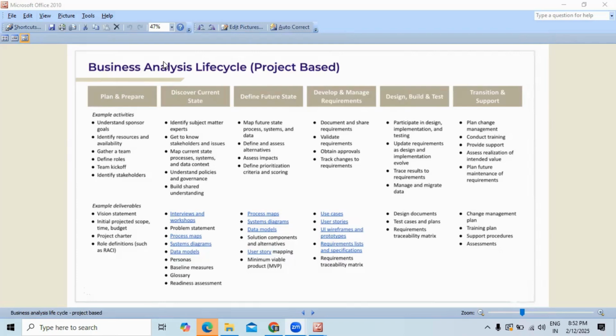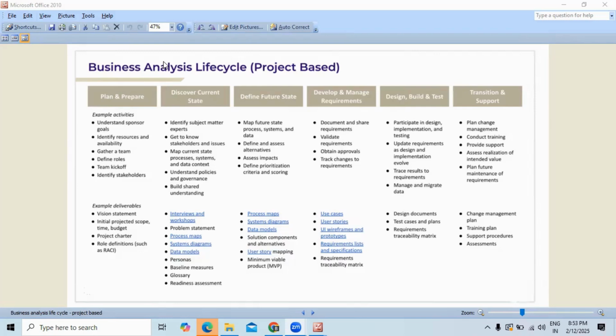Now, external stakeholders are the business owner, project sponsor, subject matter experts. All these people come under external stakeholders. So identifying the stakeholders is one of the key and important elements to be noted.